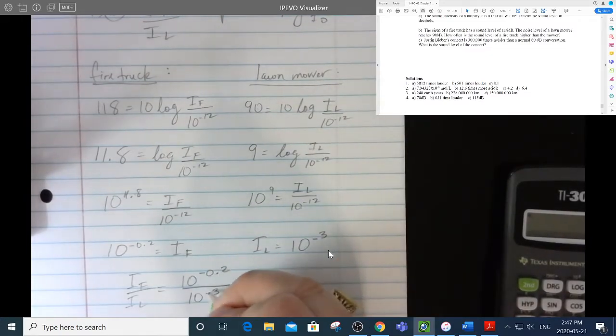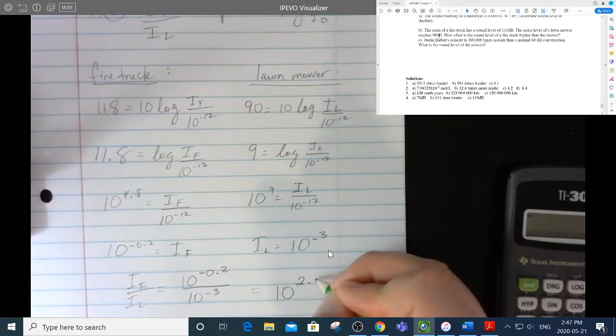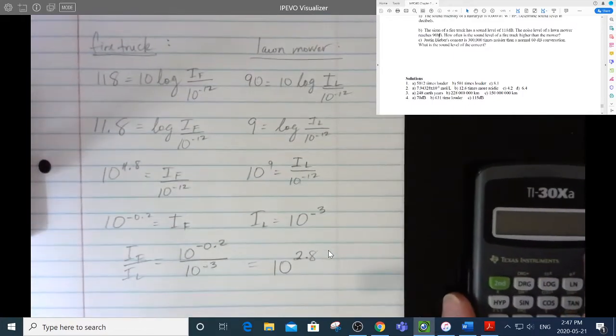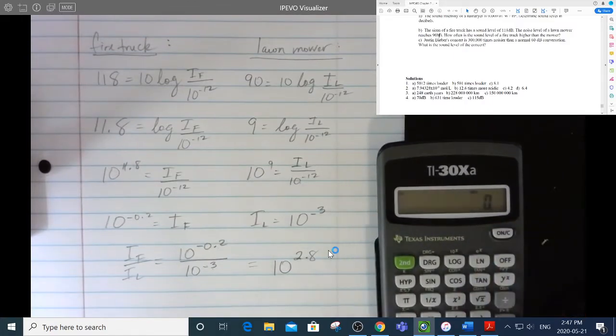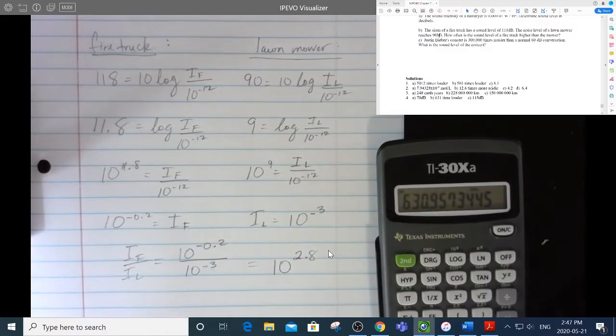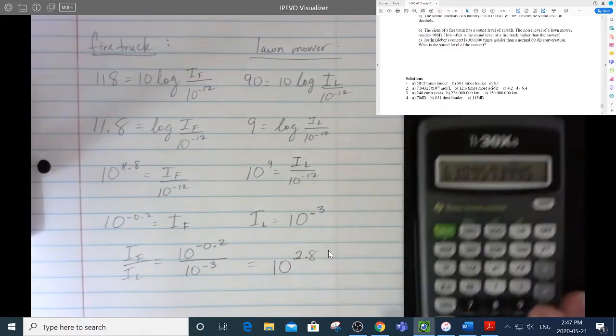Negative 0.2 minus negative 3 is positive 2.8. And I don't know what 10 to the power of 2.8 is, so I finally have to grab a calculator. And 10 to the power of 2.8 is 631 times louder.